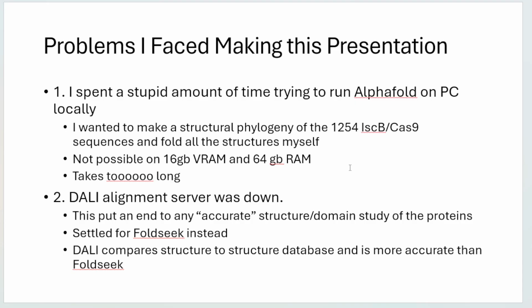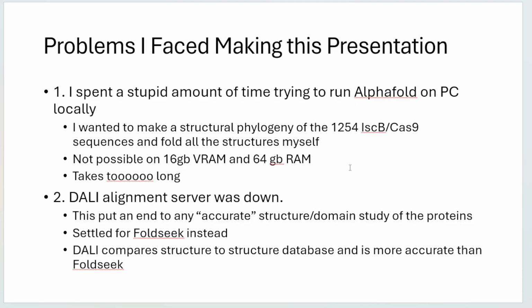So, problems I faced making this presentation. I spent a stupid amount of time trying to get AlphaFold to run on my PC locally. If you're a computational person or bioinformatician, you know for certain that I am a special kind of person for trying. I wanted to make a structural phylogeny of 1,254 ISCB and Cas9 sequences, and fold all the structures myself.